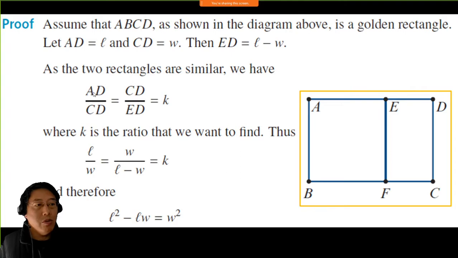Using that ratio, why can't we just say AD over ED? Because it's not true. We can't.